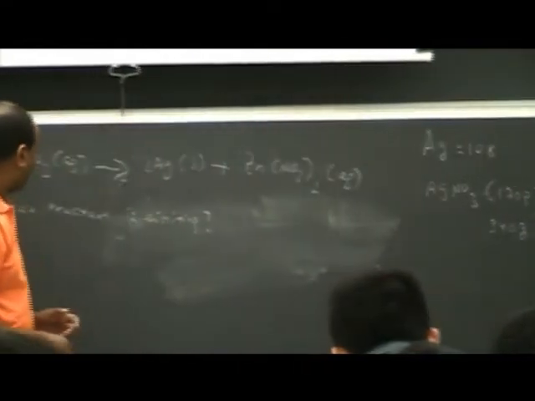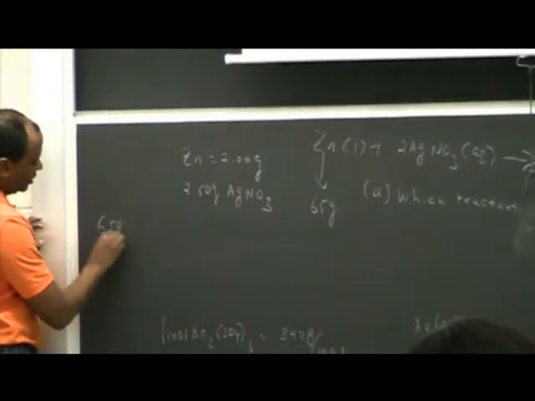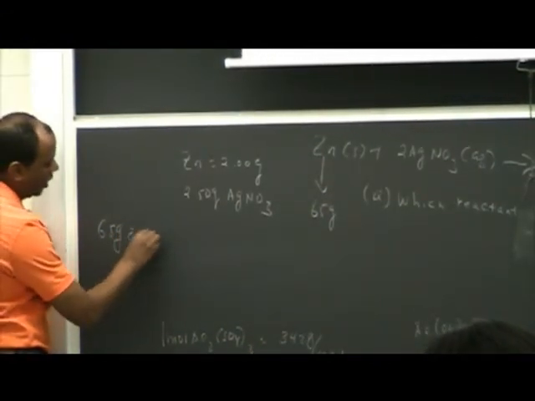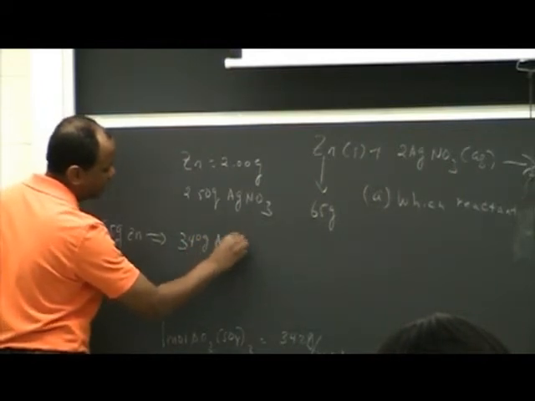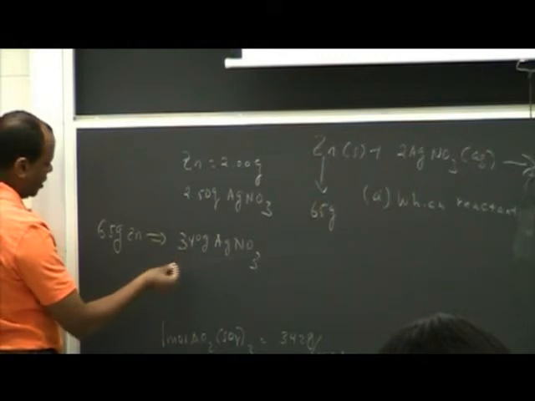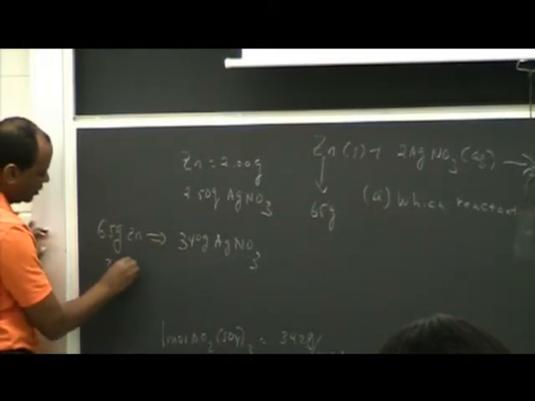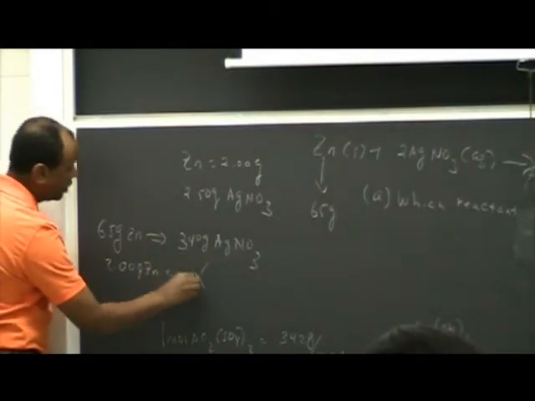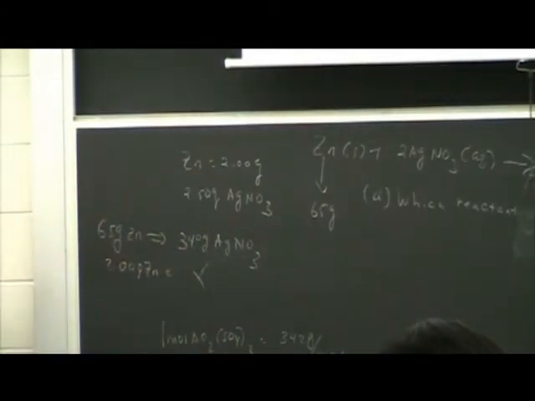Now, this is what I'm going to do. I have 65 grams of zinc that requires 340 grams of silver nitrate. If I have 2 grams of zinc, how many grams of silver nitrate do I need? Crisscross, right?